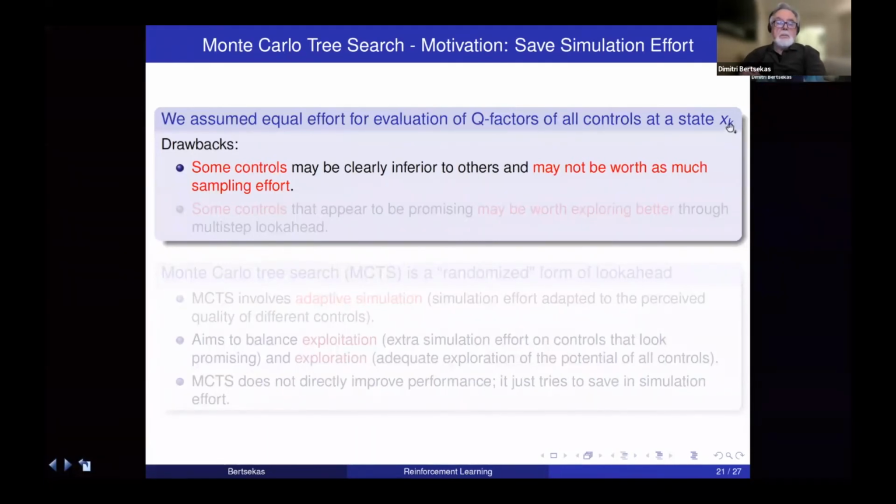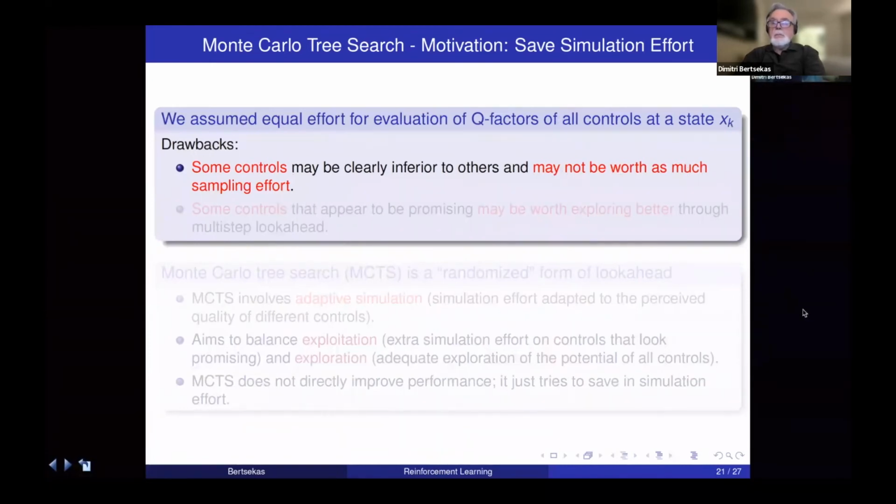On the other hand, we may try to be more clever than that. In particular, some controls may be clearly inferior to others and may not be worth as much sampling effort, as much simulation.